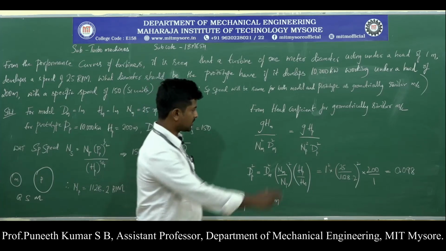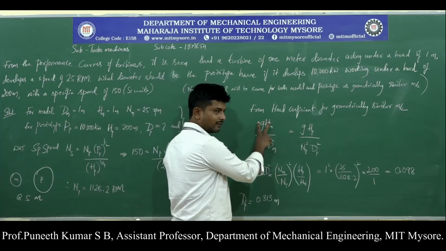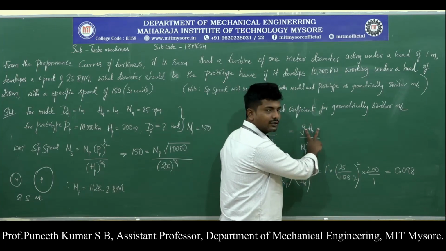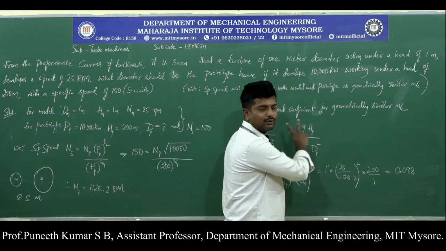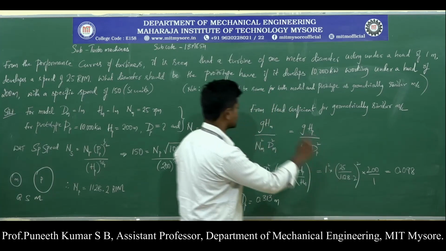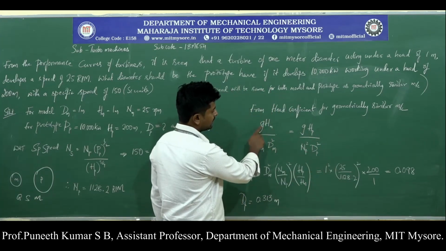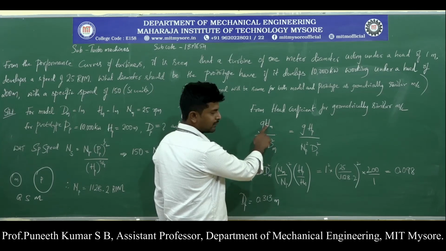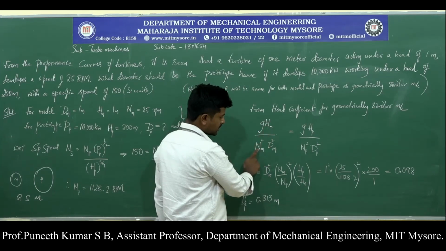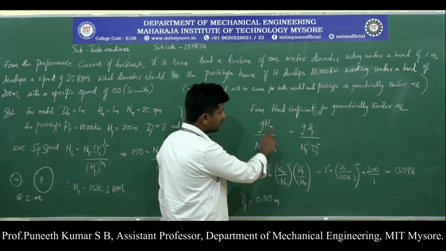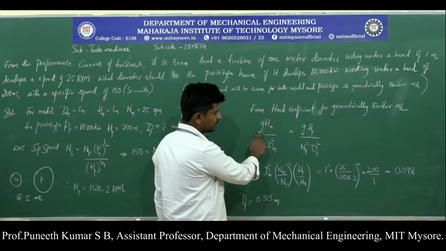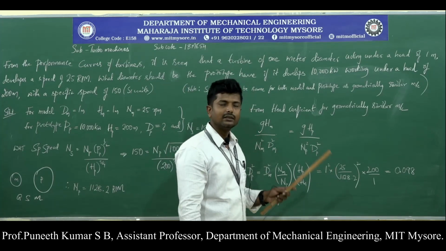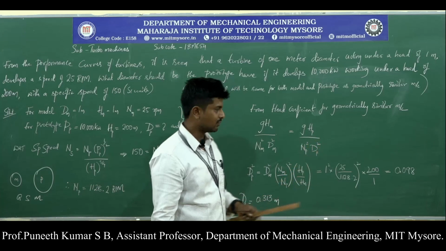So I am writing that the head coefficient of the model is equivalent to the head coefficient of the prototype, since both are geometrically similar machines. I have written the head coefficient for the model. You can see that the suffix has been put for head, speed and diameter, whereas for g I am not writing the suffix M. The reason is g is a constant, it doesn't belong to the model or prototype.